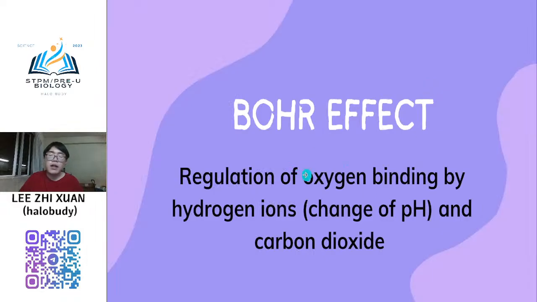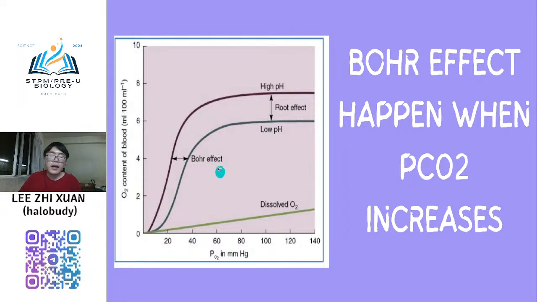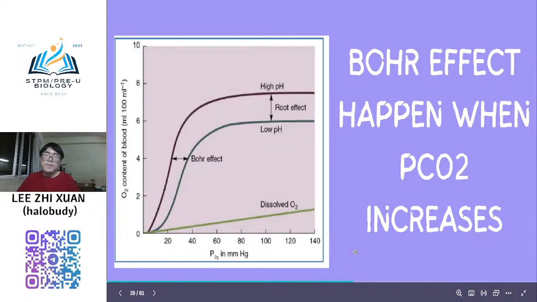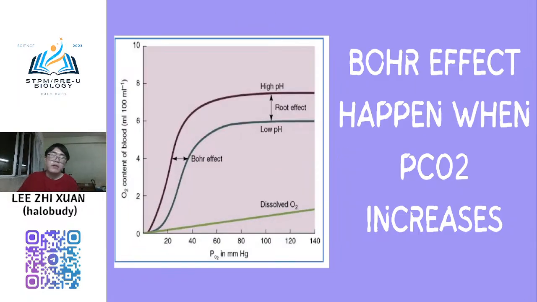So it is the regulation of oxygen binding by hydrogen ion, because it is regulated by the hydrogen ion, and also carbon dioxide. If you still remember the carbon dioxide transport in our blood, the main pathway is the bicarbonate ion pathway, up to 80%.